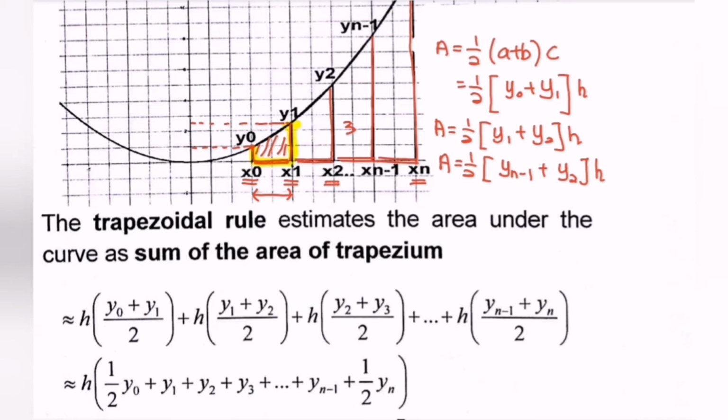If you notice, we have (y0 plus y1) over 2 multiplied by h. Next, plus again (y1 plus y2) divided by 2 multiplied by h. Continue, and we will have (y2 plus y3) over 2 multiplied by h, and so on until the final part where we have (y(n-1) plus yn) over 2 multiplied by h.